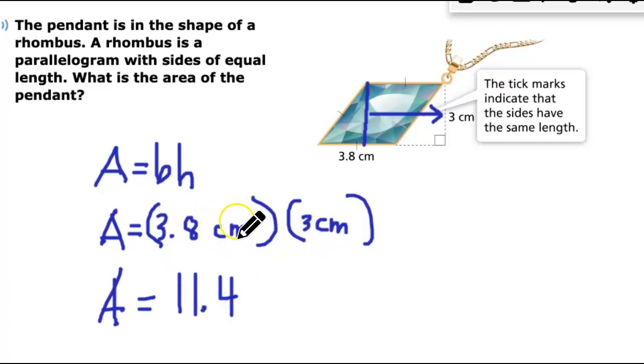And centimeter times centimeter is square centimeter. There are 2 of them, right? You multiply. So now that is the area of that beautiful pendant in the shape of a rhombus.